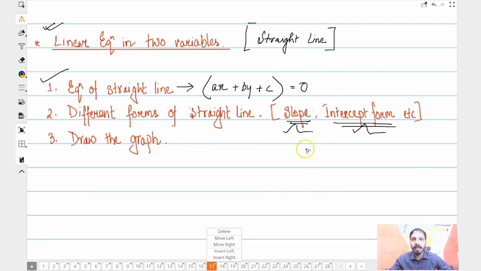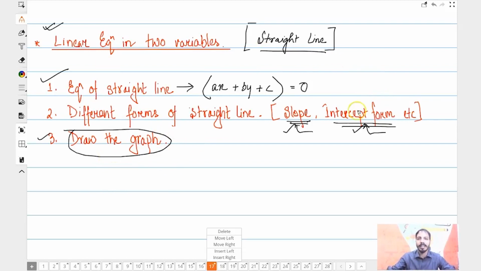So in my course I will be introducing the slope form and intercept form, where you can have a lot of fun. And also the next topic in your course is to draw the graph of these linear equations. And as you know, you will of course get a straight line.